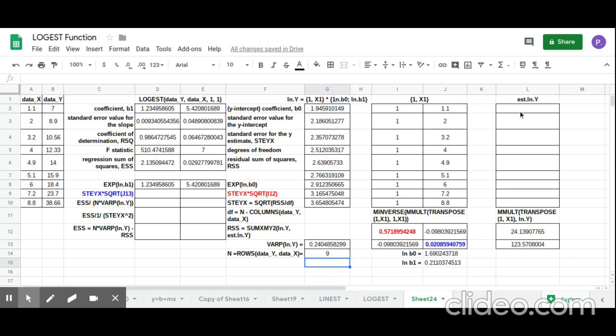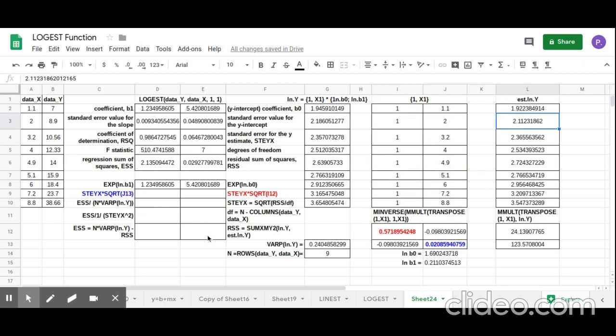Now we'll calculate the estimate ln y hat, which is equal to the product of this matrix and our coefficient. So this matrix, you don't need to transpose, and the coefficient. So that is our ln y hat.